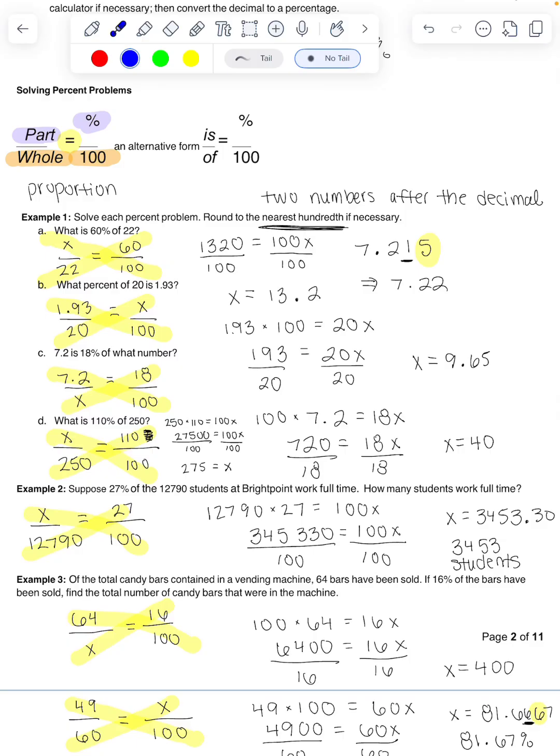That doesn't really make any sense. So when we do put the percent in there, let's go ahead and not put the actual percent symbol, because by expressing it as 110 over 100, I'm already essentially putting here that this is 110%.